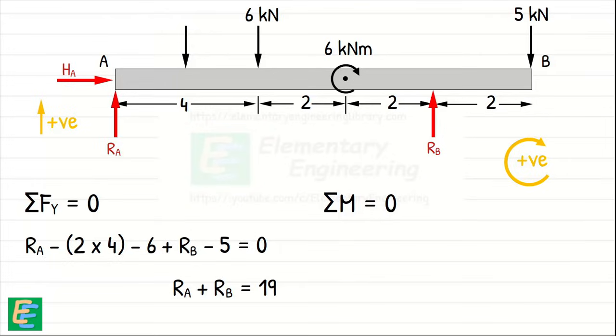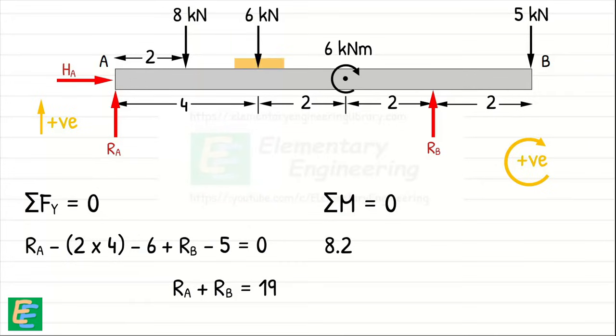Since it is a UDL, the centroid lies at the center of the loaded length. The UDL of 2 kN per meter over 4 meters gives a resultant of 8 kN acting at 2 meters from point A. This produces a clockwise moment, so it is taken positive.